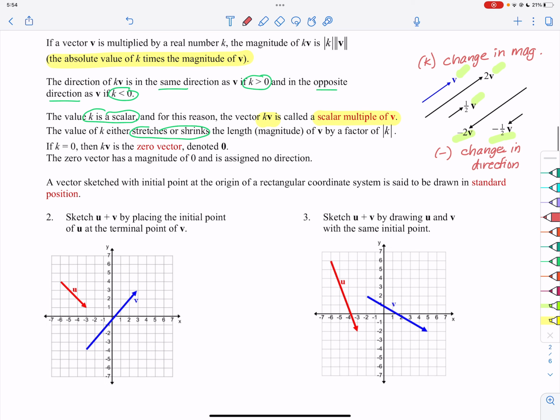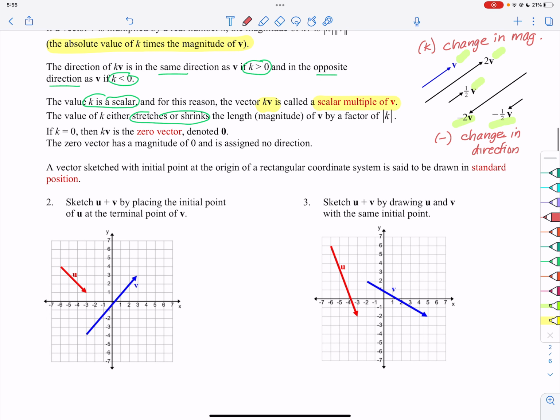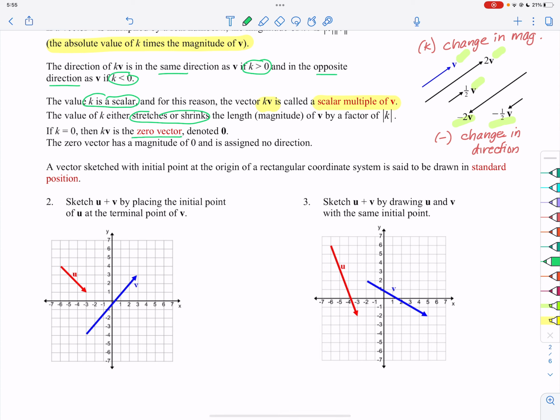Okay, now what if k is equal to 0? Well, then kv is what we call the 0 vector, and it is denoted as 0 boldface, or we could write 0 vector. The 0 vector has a magnitude of 0 and has no direction.